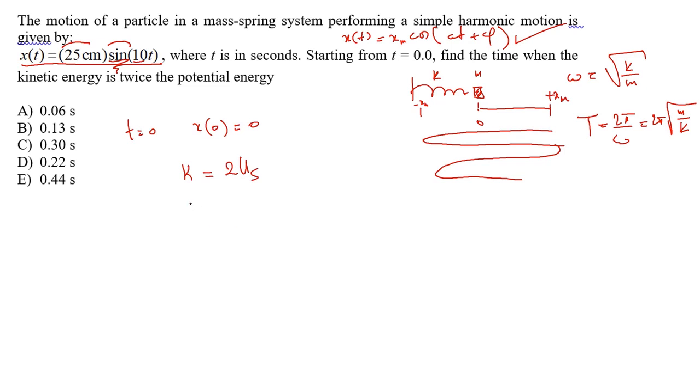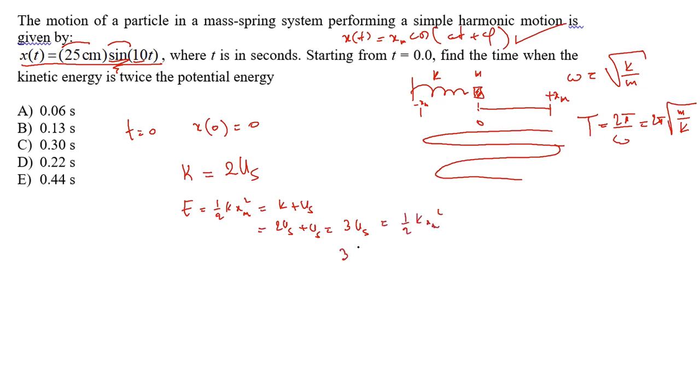So let's look at the mechanical energy. E is constant: half k x max squared is equal to kinetic energy plus potential energy. Now the kinetic energy I'll write as 2 U_s, plus U_s, so this gives me 3 U_s, which is equal to half k x max squared.